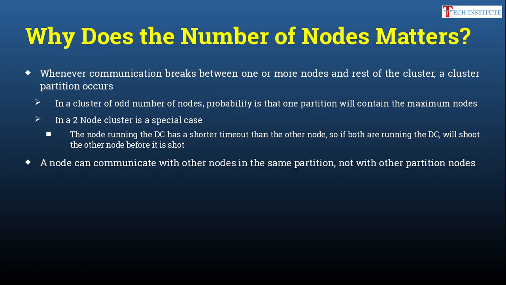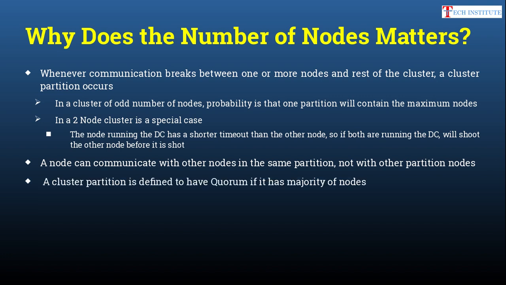Suppose you have 2 nodes in one partition; these 2 nodes cannot communicate with the other 3 nodes in another partition. So both sides think they are the only ones alive. In that case quorum comes into the picture. It helps you have the majority of the nodes. Whoever has more nodes has the quorum.